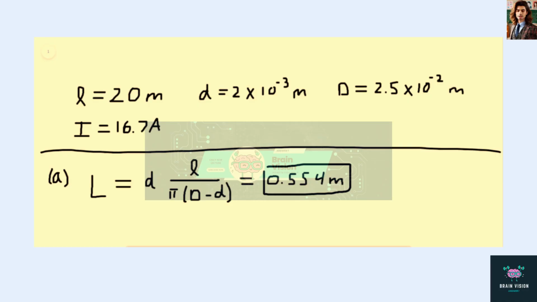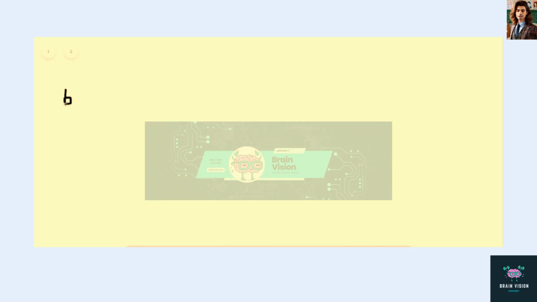Part B says, what is the field at the center if the current is I and it's equal to 16.7 amperes? First we need to find the number of turns per unit length, and then we can use that to find the magnetic field. The number of turns per unit length, n, is by definition equal to the length of the copper wire divided by pi times the difference of the big diameter of the solenoid minus the diameter of the copper wire, and then all of this is divided by the length of the solenoid because it's per unit length.